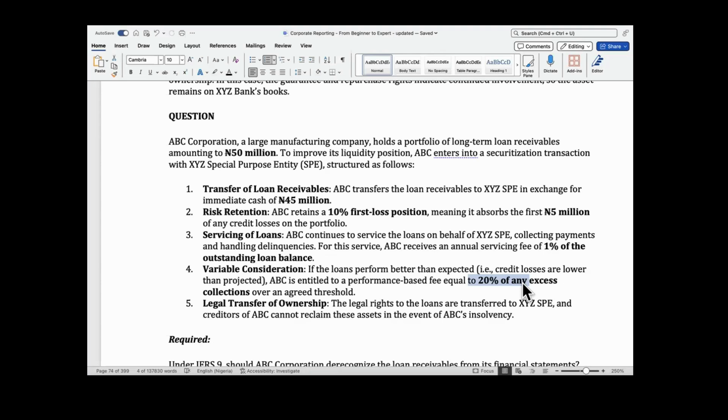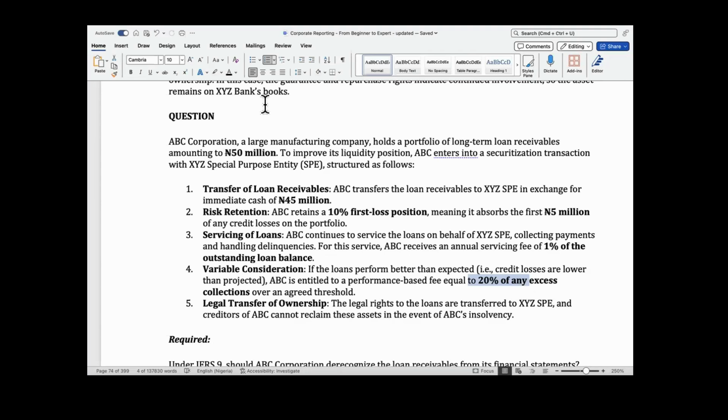On the basis of the analysis I've just made above, it goes to show that ABC Corporation hasn't transferred the risk and reward attributable to ownership of this financial asset, this loan receivable. So it should not derecognize it.